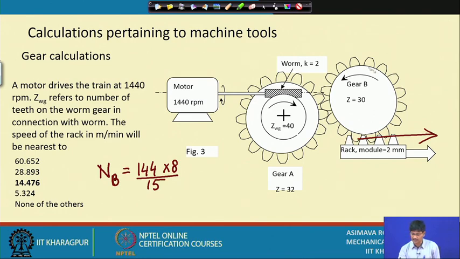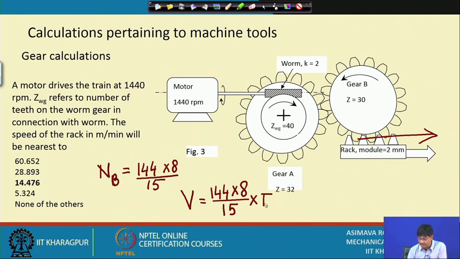So, in n number of rotations, it must be moving by n into the circumference. So, n is this, and we have the velocity equal to 144 into 8 divided by 15, into, as we discussed, the circumference.